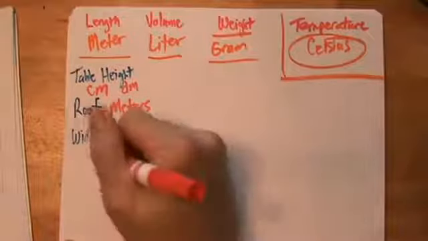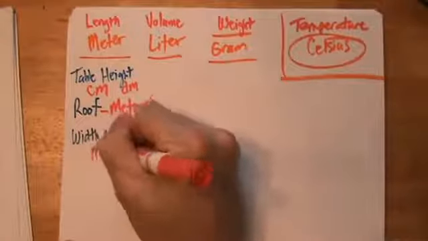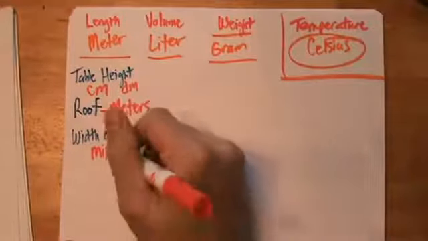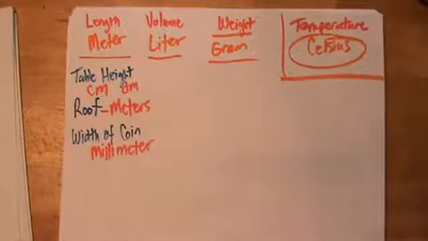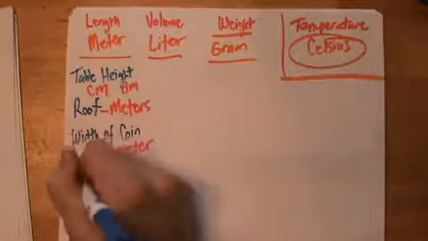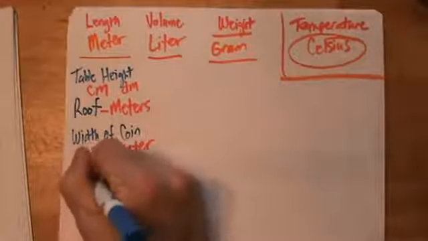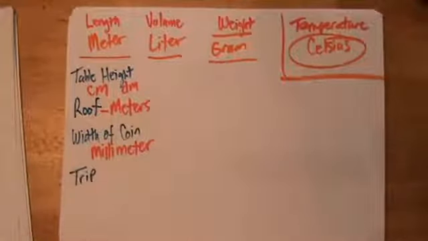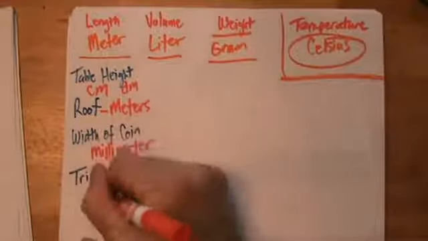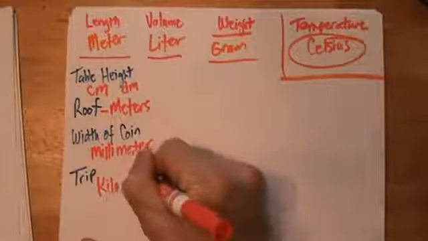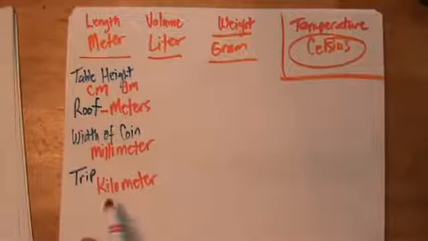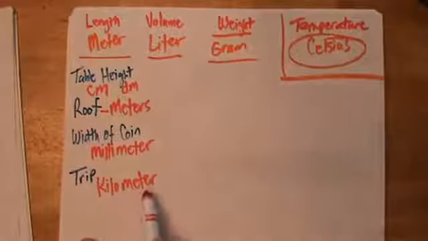And remember, the prefix milli means thousandth of a meter. And then last, if you were asked to measure the distance between 2 points on a trip you were taking, like flying from Michigan to California, we would use kilo, which is 1,000 meters. So we would break that into sets of 1,000 meters, a kilometer.